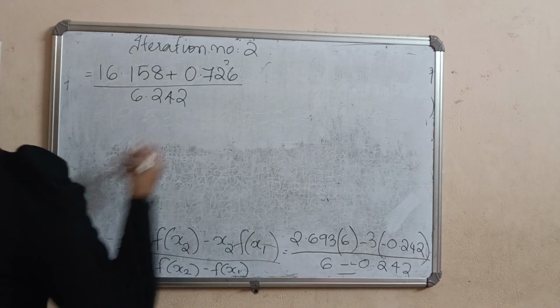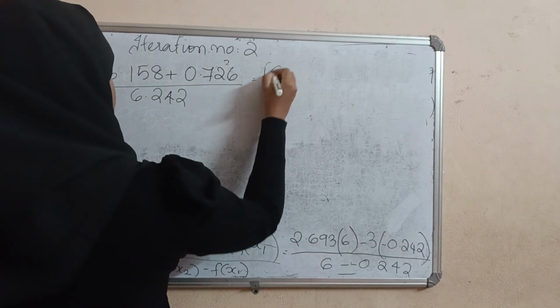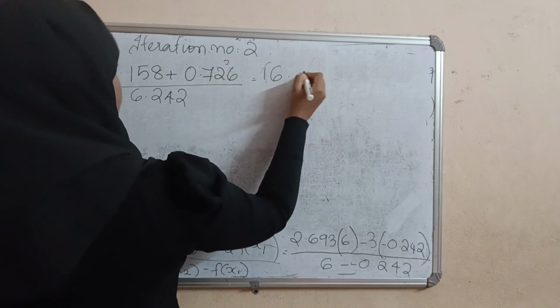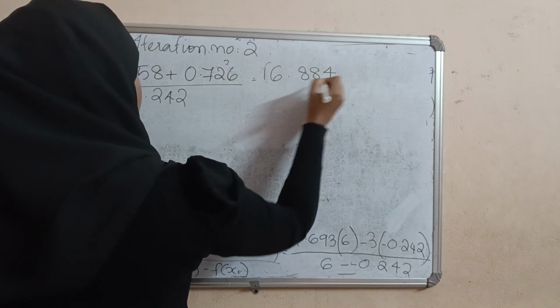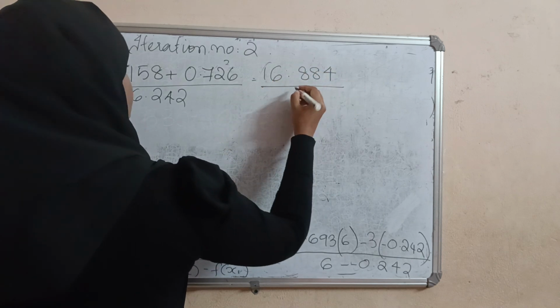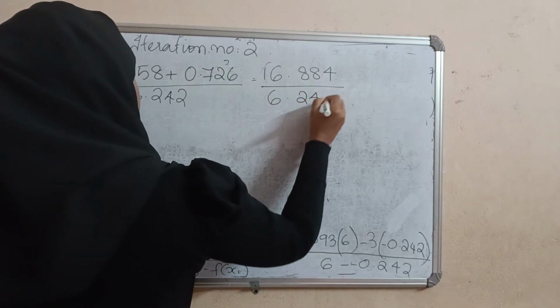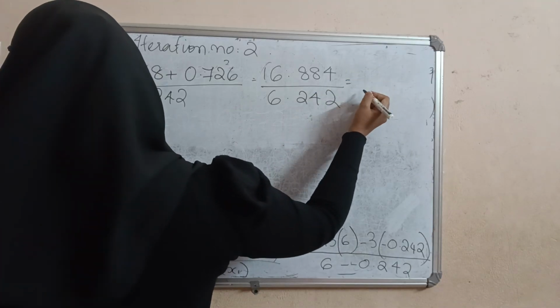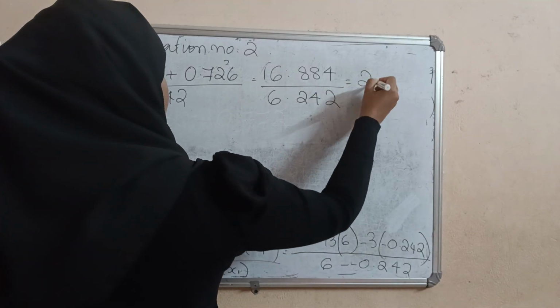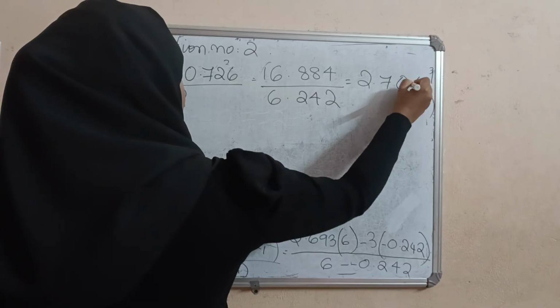That would give 16.884 divided by 6.242, and that would give the answer 2.704.